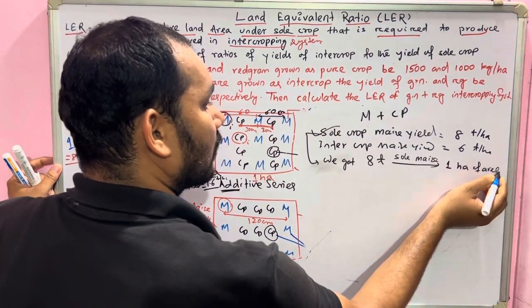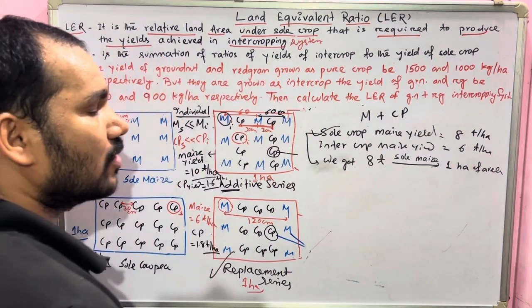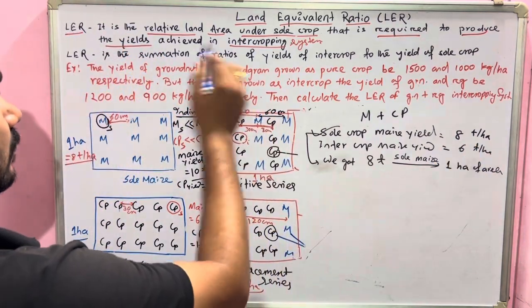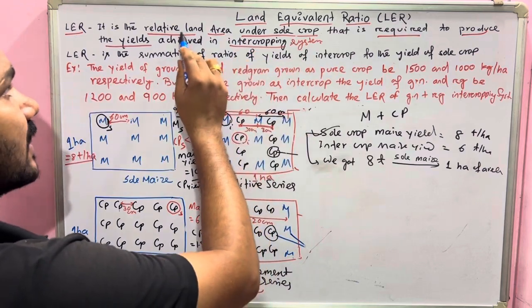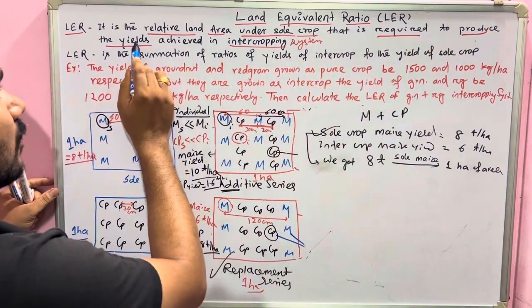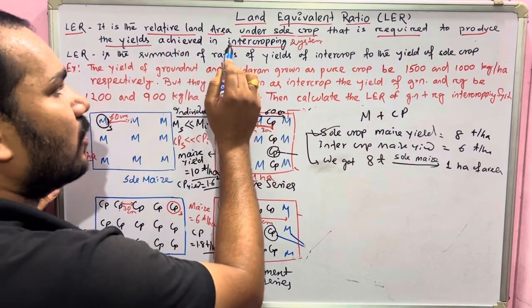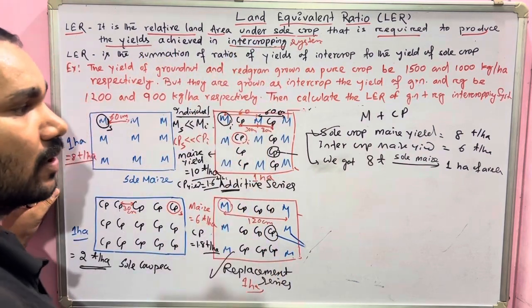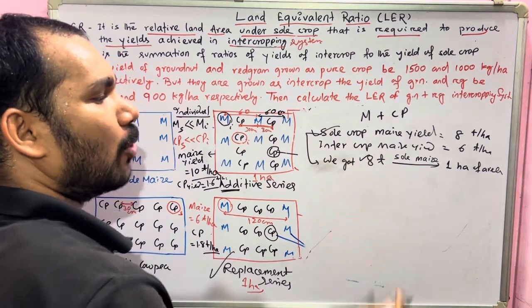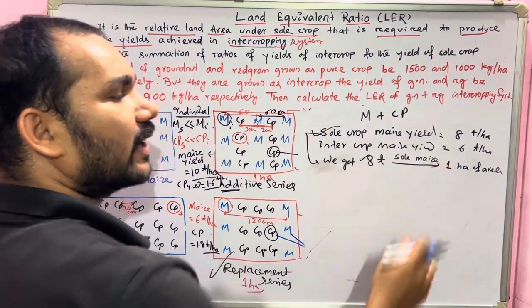Yes or no? 8 ton from 1 hectare of area. Suppose I want to get 6 ton per hectare. What is the definition? It says what is the amount of area required in order to produce the yield which you are getting from the intercropping system. So in order to get 8 ton per hectare, how much sole area do I need? 1 hectare of area.